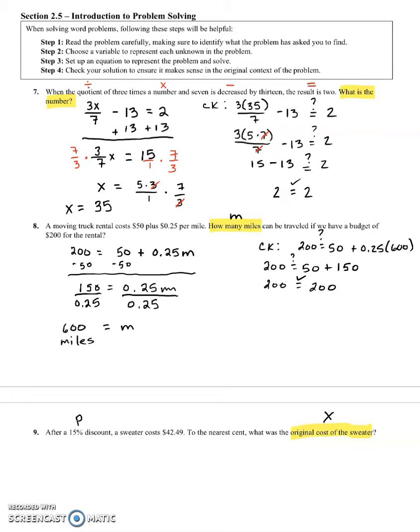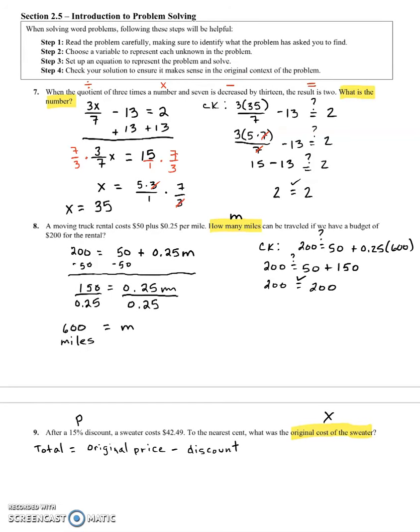So the total cost equals the original price minus the amount of the discount, right?